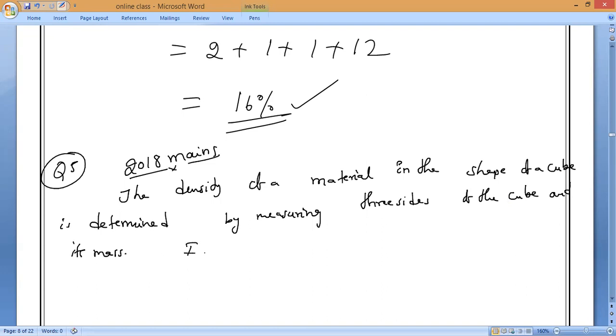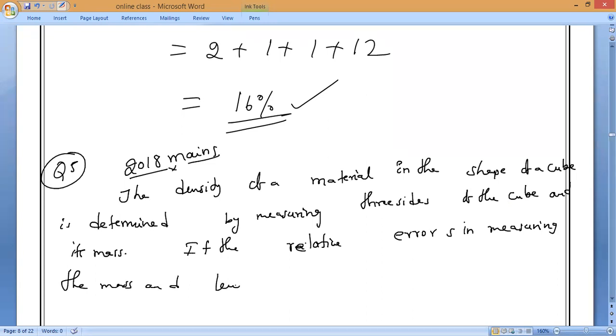If the relative errors in measuring the mass and length are respectively 1.5% and 1%. Do you understand?